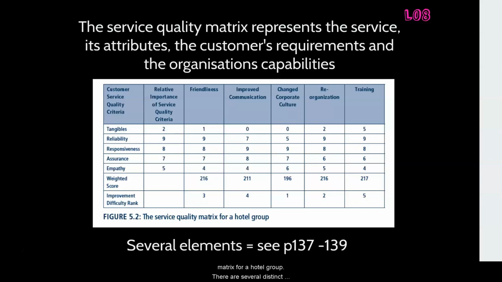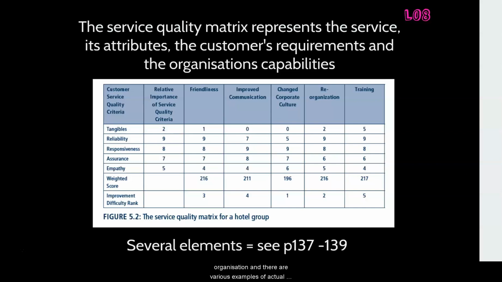There are several distinct elements, and you can see this on pages 137 to 139. So make sure you read through that to understand how to draft this service quality matrix. As part of the additional information for this unit or learning outcome, there will be a video and an article that explains the House of Quality, because that is a bit more valuable in terms of practical implication for your service organization.